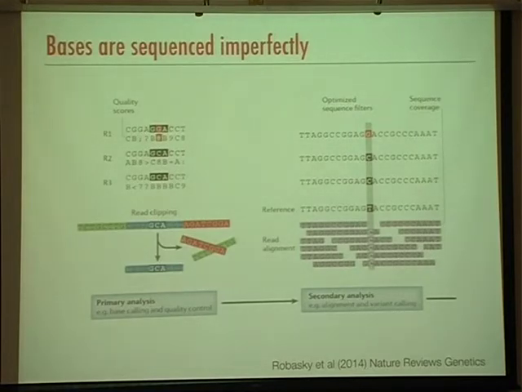Or if the reference is actually misassembled and there's a duplication in the real genome that's missing, we call that a hidden paralog, then you can have reads that should be from two different regions of the genome stacking up on one region of the genome.